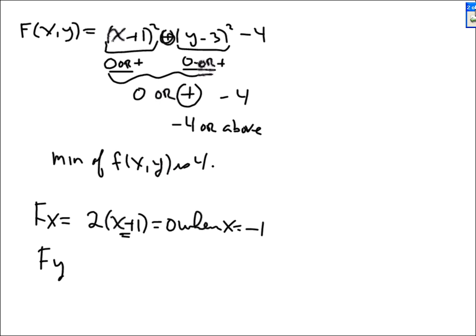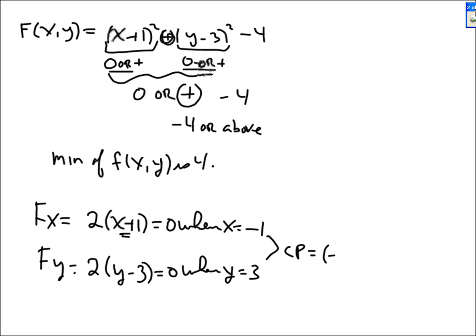And f sub y will be 2 times y minus 3. This equals 0 when y is 3. So our critical point is negative 1, 3. And f of negative 1, 3, if you work it out, you'll have negative 4.